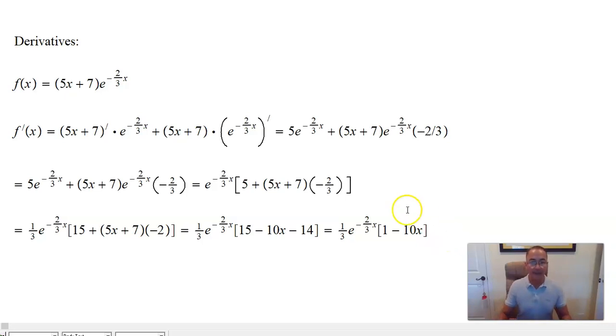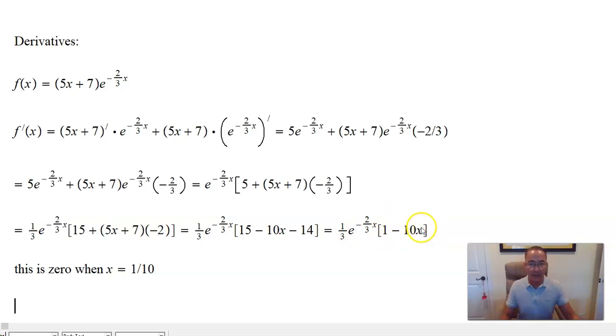So we can see right away where our critical point would be. So this is 0 when x equals 1/10. 0.1. Okay, what about positive, negative? Once again, e to the minus 2/3 x is always positive, 1/3 positive.